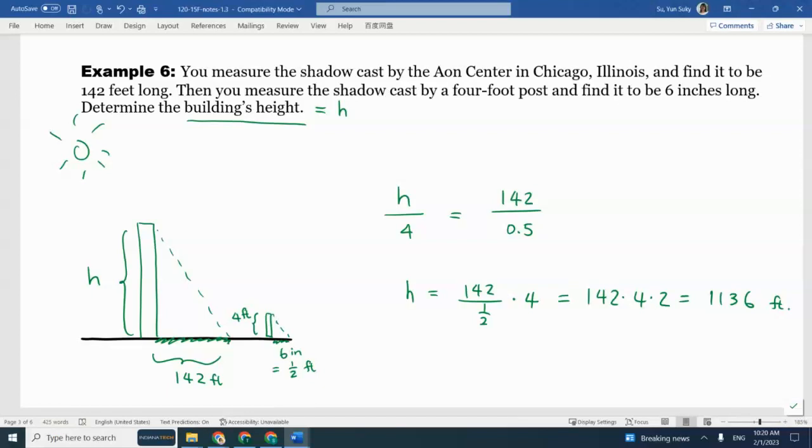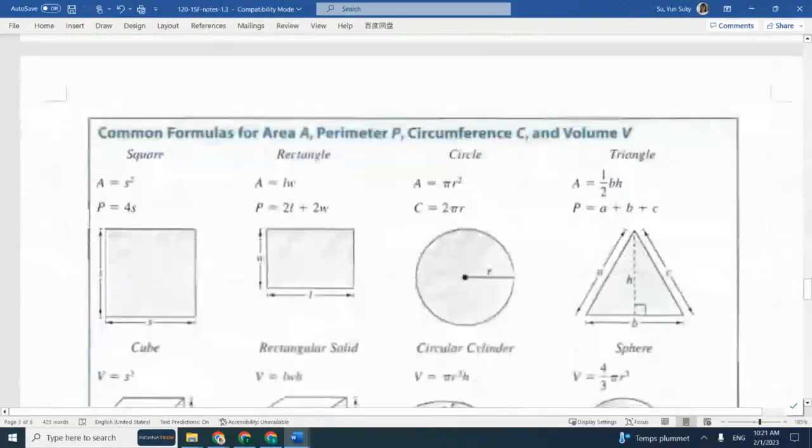And then this 4 is in the numerator. Therefore, we get 8. We multiply by 4 on both sides, so this 4 is in the numerator. It's not in the denominator, so we cannot multiply by 1/2. Okay, good. Let's continue.